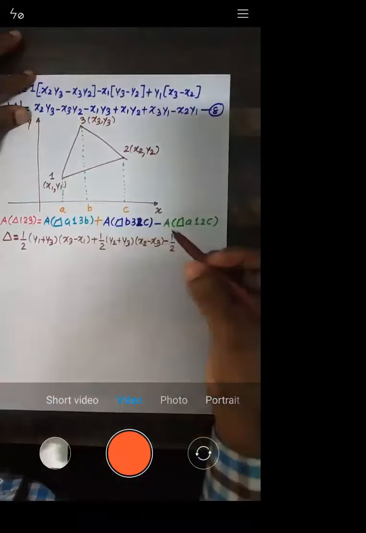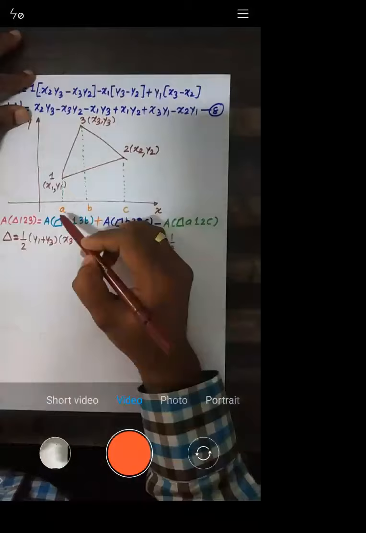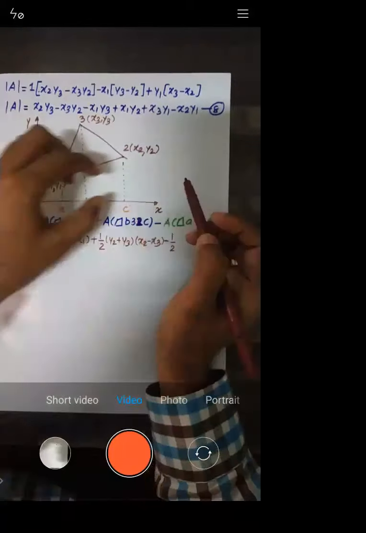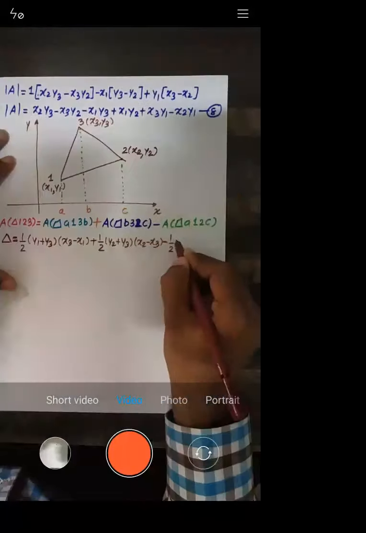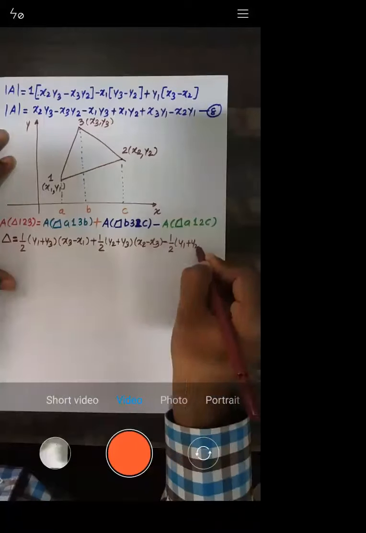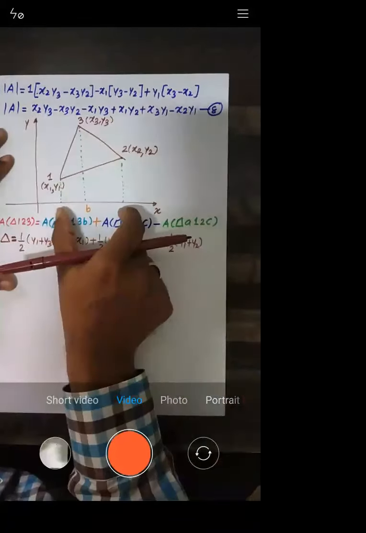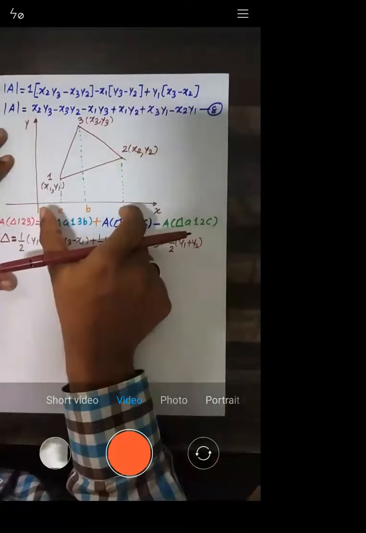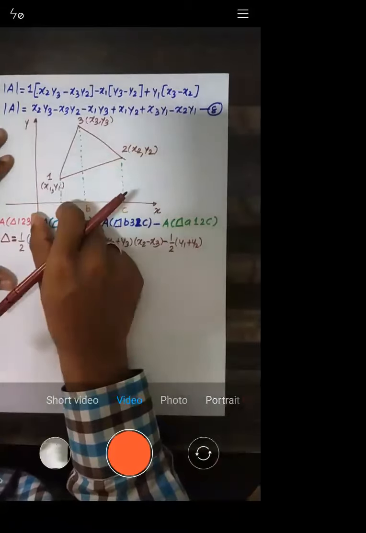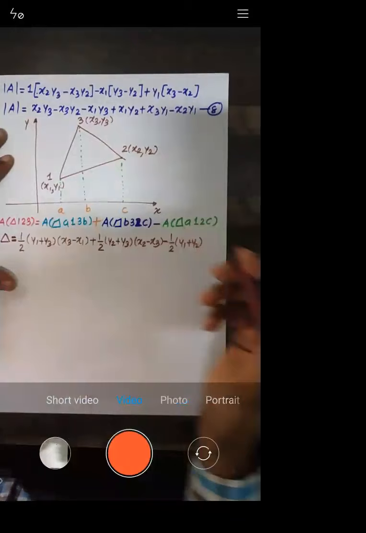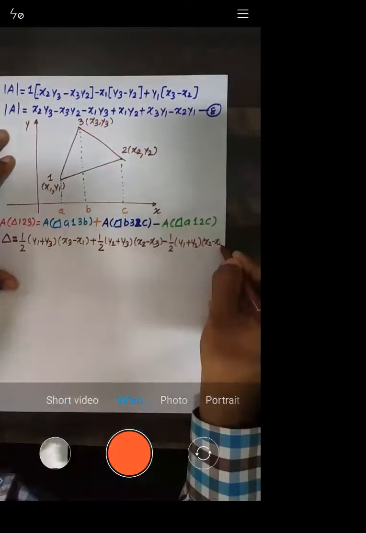Now for this one, we need to do AC. Height here is y1, here it is y2, so we take the average, half y1 plus y2. And AC measures x2 minus x1, since this is x2 and this is x1.